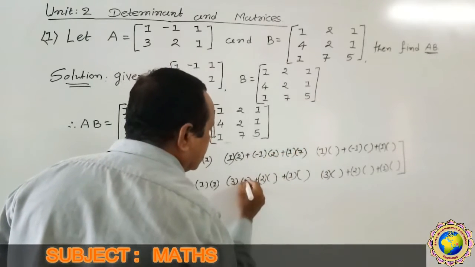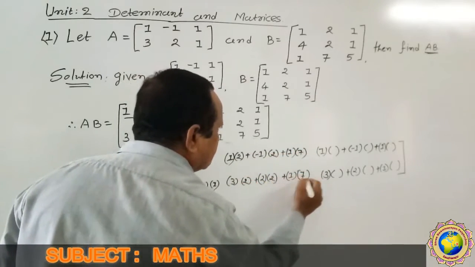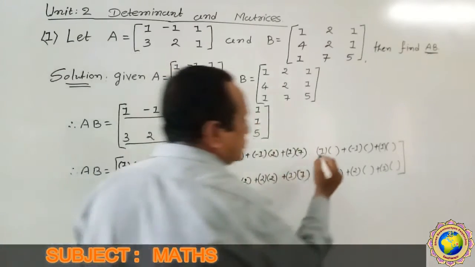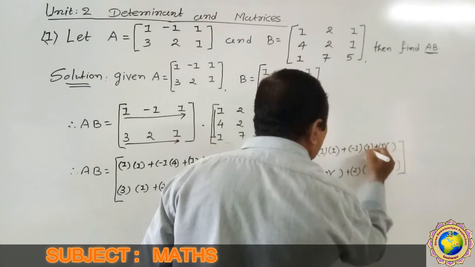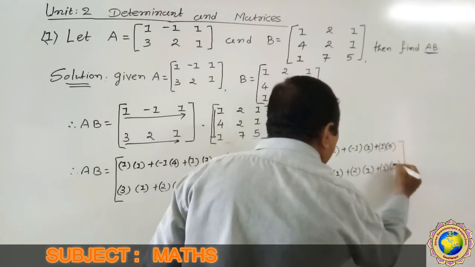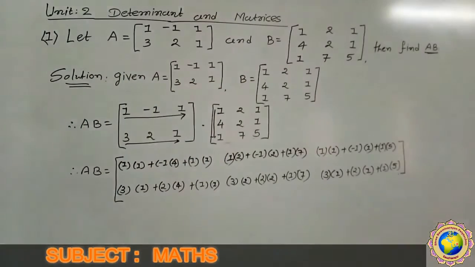Now third row, write down 1 1 and 5, 1 1 and 5. Clear?